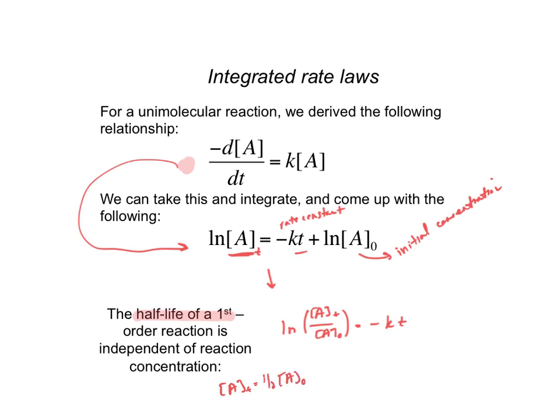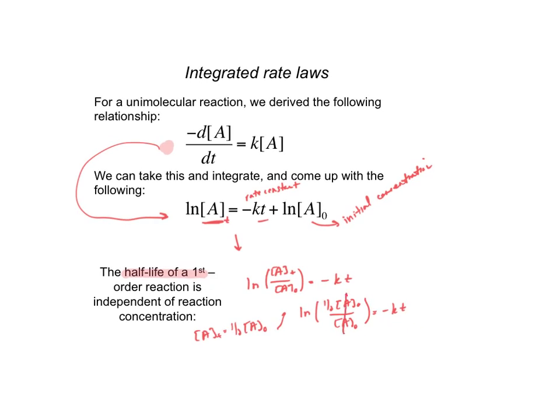And I'm going to substitute that in to my little integrated rate law. I'm going to be left with ln of 1/2 of A naught over A naught is equal to minus kt. What cancels here? The A naughts cancel, and we are left with ln of 1/2 is equal to minus kt.